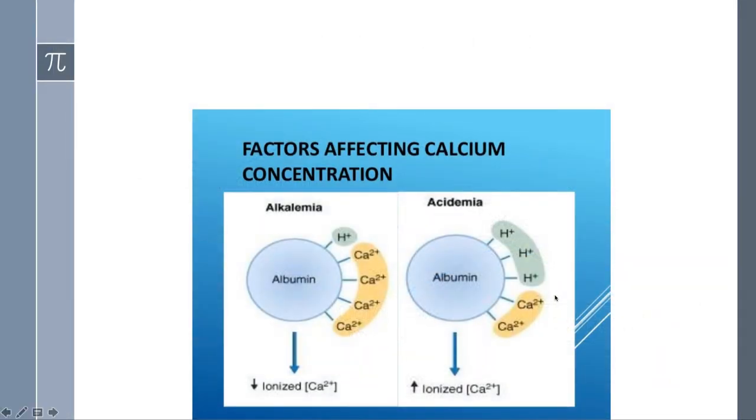So now, what can change? Remember, calcium shares its receptors or spaces on the albumin with hydrogen, right? Think of it in terms of acidosis or alkalosis. So in alkalemia, there's not a lot of hydrogen in the blood, so the hydrogen that's on the albumin is going to go away.